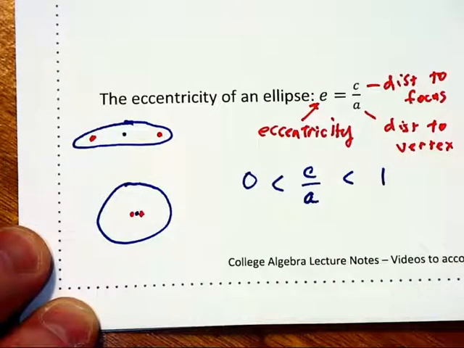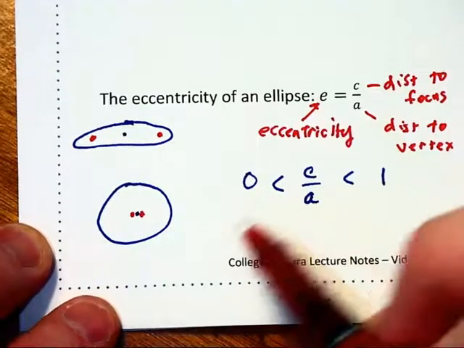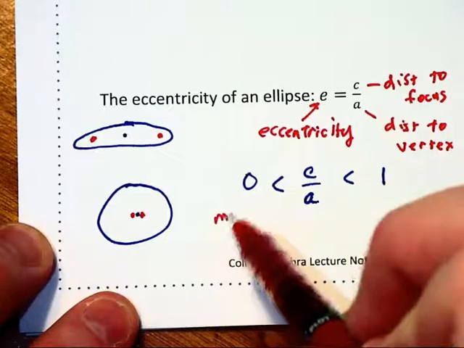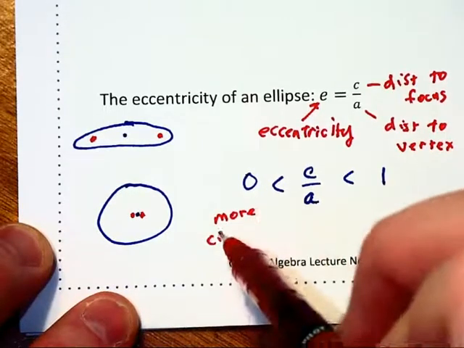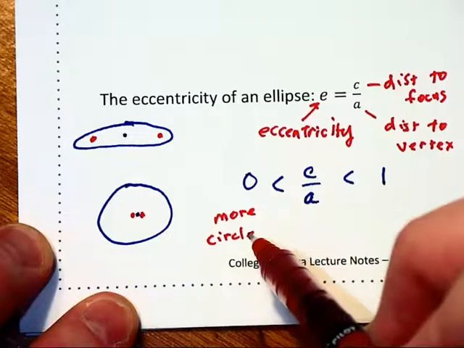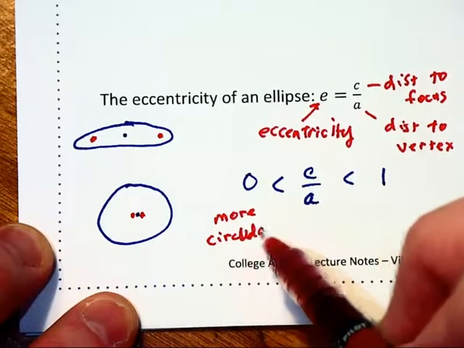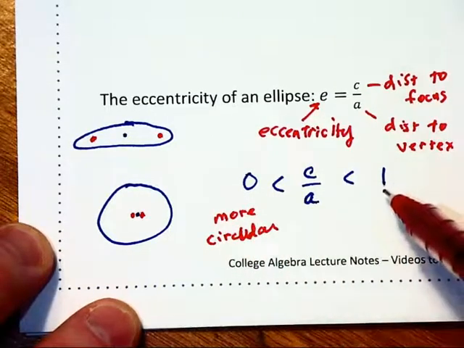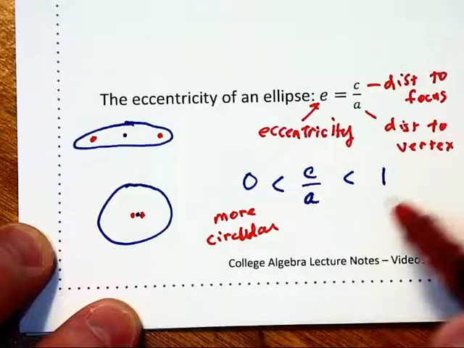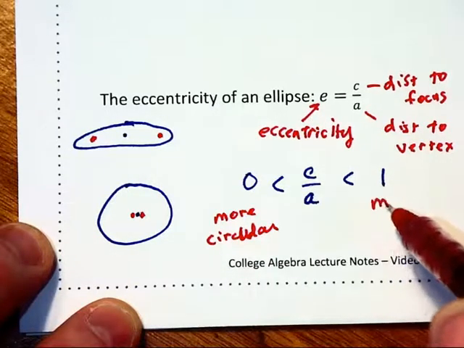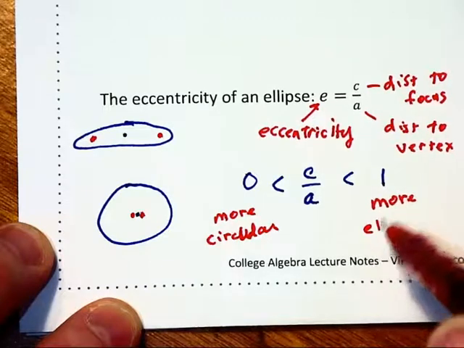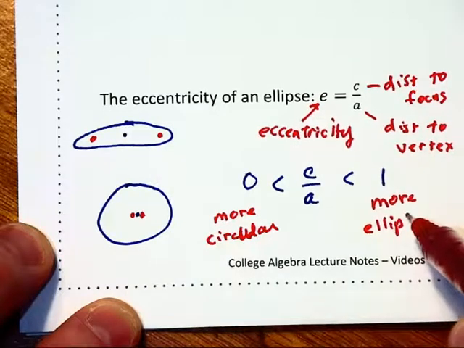And as it is closer to 0, that is when the ellipse is more circular. It's not a circle yet, but it's more circular. And as the value of c over a is closer to 1, then this is going to be more elliptical in nature. It'll be stretched out.